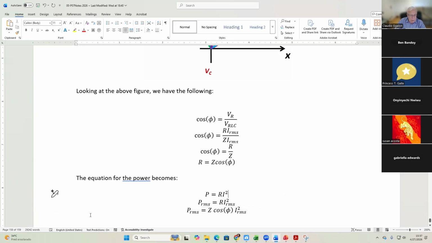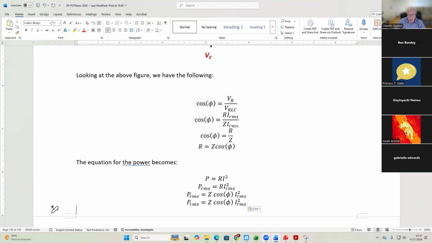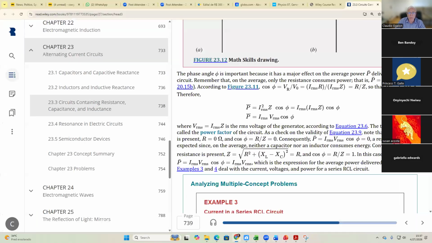Here, the root mean square value of I is going to be I naught over square root of 2.